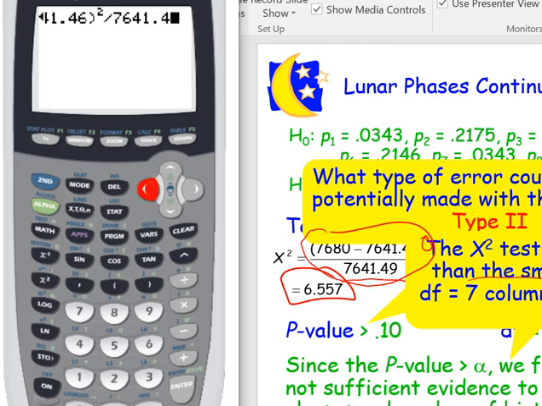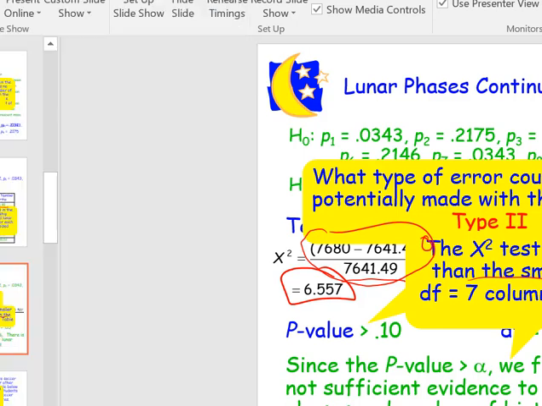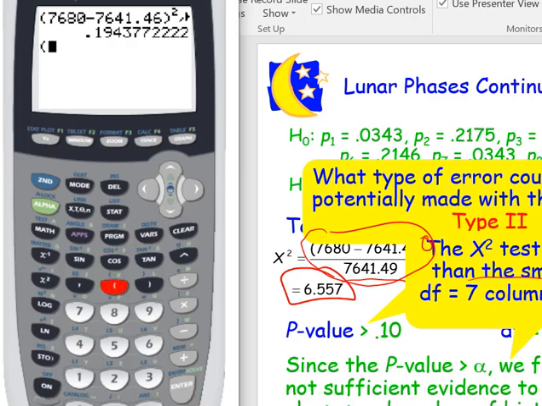I should put 49 in there. Let me redo that. I had put 0.46 in the top there. It should have been 0.49. So 7,680 minus 7,641.49, not 46, squared, divided by 7,641.49. We're going to get pretty much the same proportion, a little bit different actually. 0.1941 is what we get.